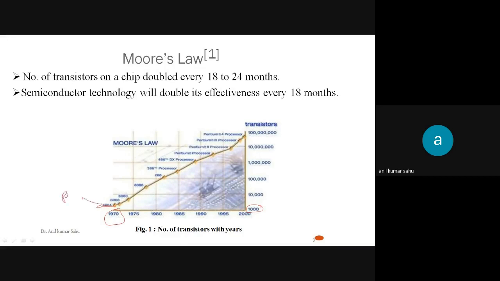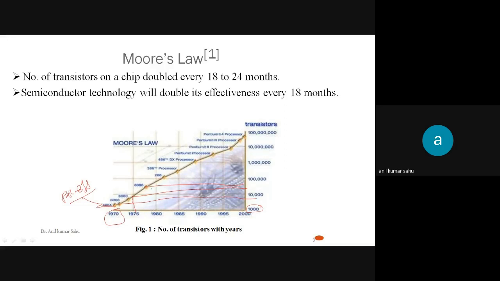If you go to the next year, the number of transistors is in the range of about 10,000. Then for the 8086, the number of transistors is between 10,000 and 1 lakh.